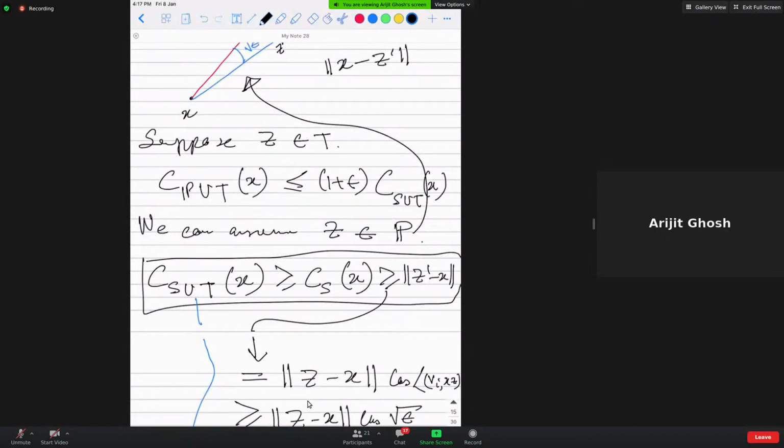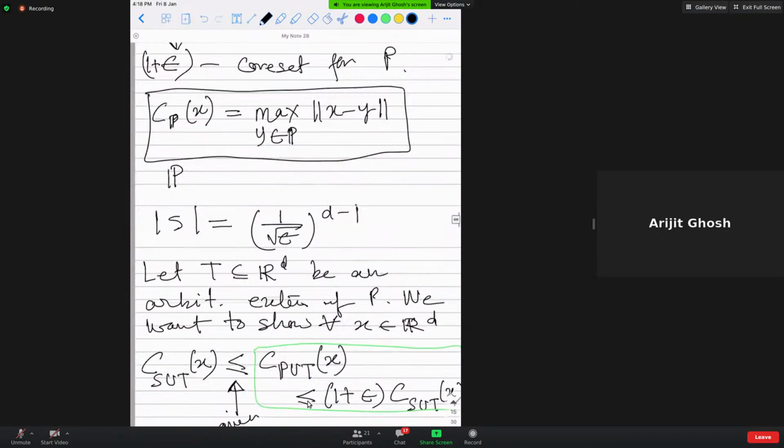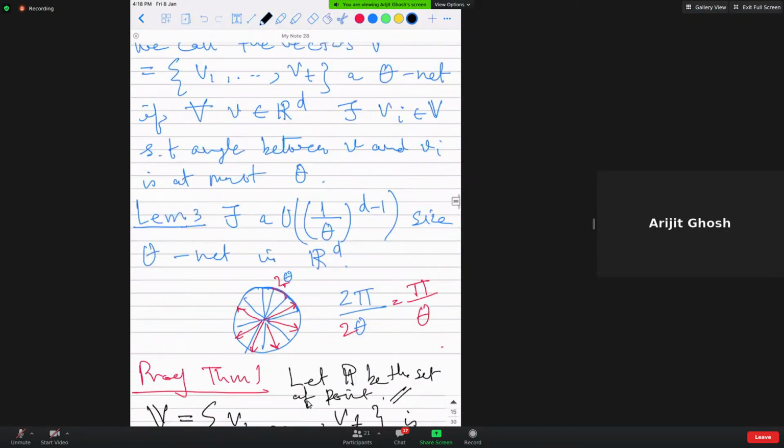But looking at this proof, can I maintain this epsilon coreset over a data stream when the points are coming over a stream? If I directly use the result and the theorem, I would have got a coreset of size how much? We wrote somewhere, no?